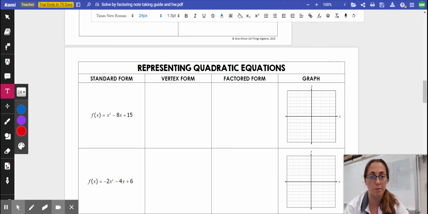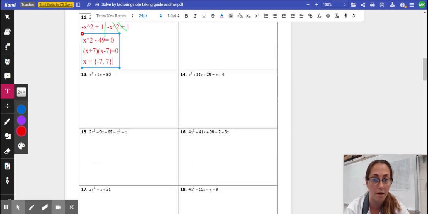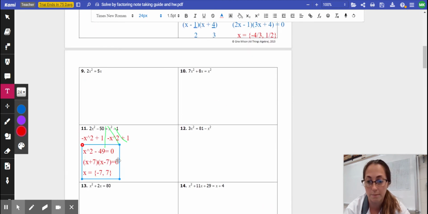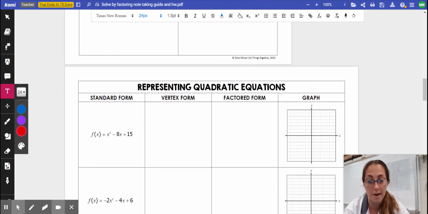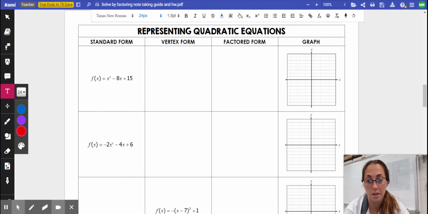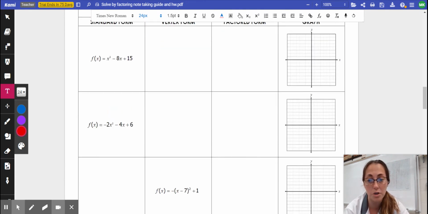So we can represent quadratic equations in many different ways. So say we have a standard form equation. I taught you how to turn that into vertex form. Well, we know how to turn it into factored form because that exists up here. Remember I told you, for example, this step right here, that's factored form. It's just instead of a 0, we'd have a y or an f of x, okay? And then you know how to graph these, all of these, because that's what we've been doing. So I want you to try some of these.